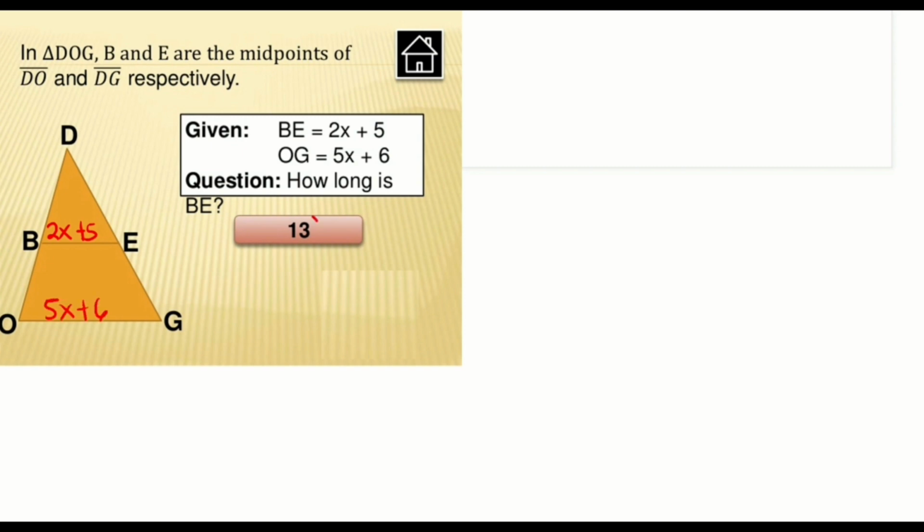So take note, the answer here is 13. Now let's try to show how did it happen. Now, remember, segment BE is equal to 1/2 segment OG. And then we substitute. Segment BE is 2x plus 5 is equal to 1/2 times 5x plus 6.